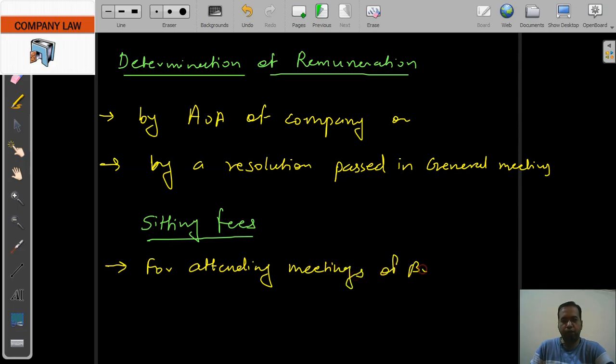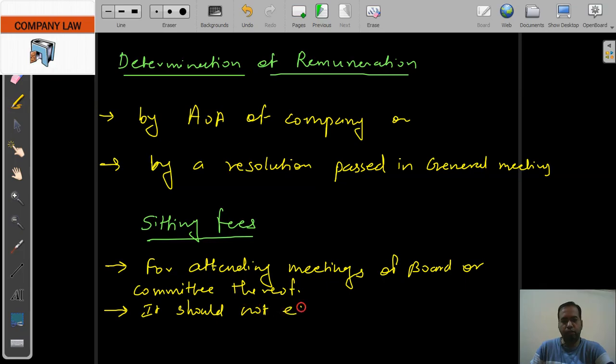It should not exceed rupees 1 lakh per meeting.